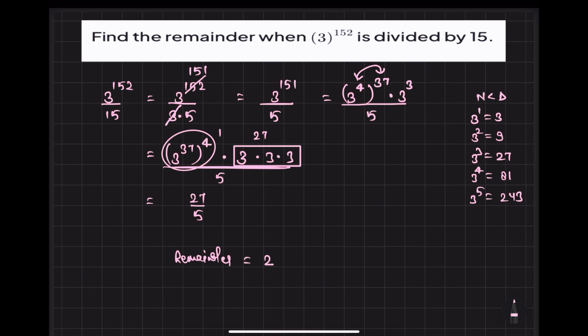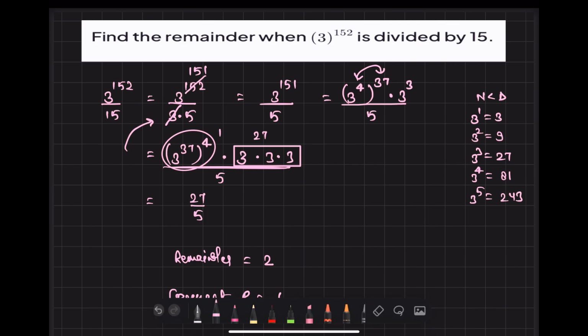But what will be the correct remainder? You have divided by 3 in numerator and denominator, so you have to multiply by 3. So the correct remainder is 6.